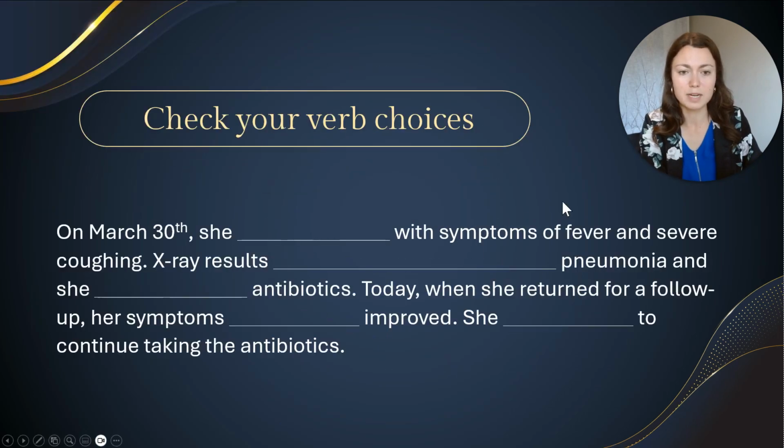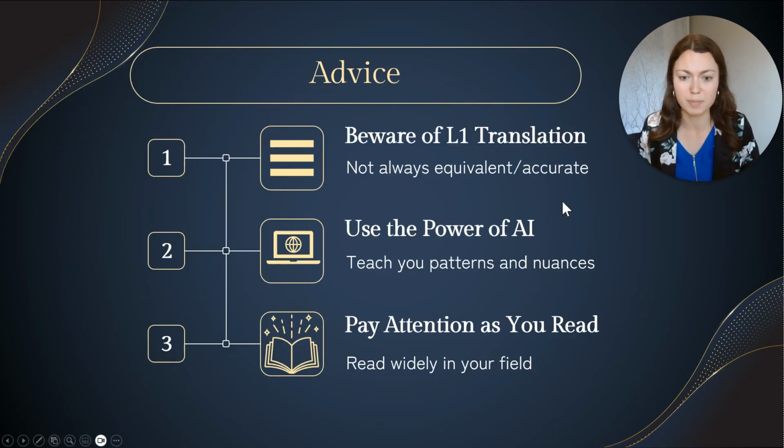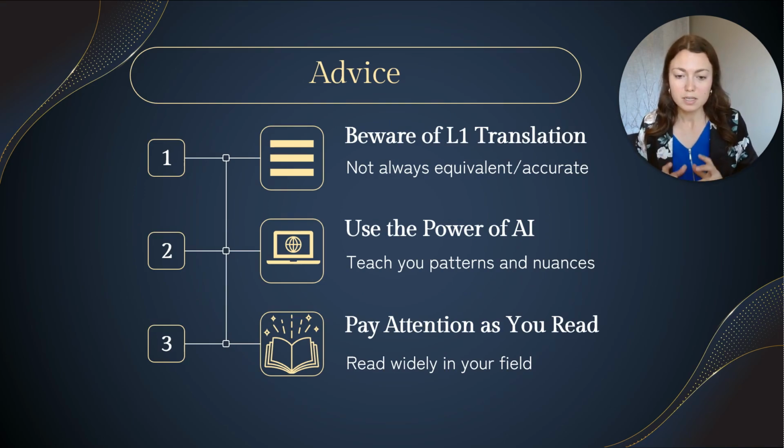The final piece of advice I have is to pay attention as you read. And this is especially true if you are in a special field in English. So you're in English for medical purposes or business purposes. Maybe you're an engineer in English. You want to become familiar with the verbs commonly used in your own field.